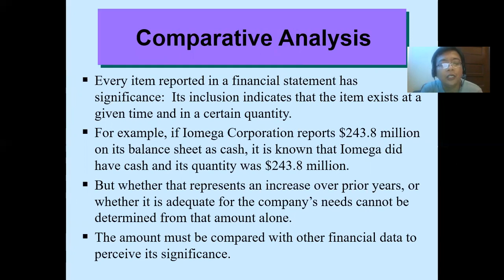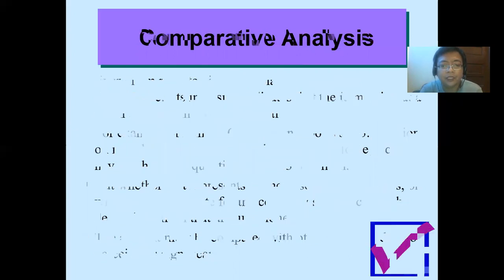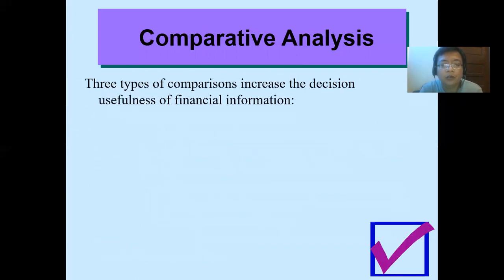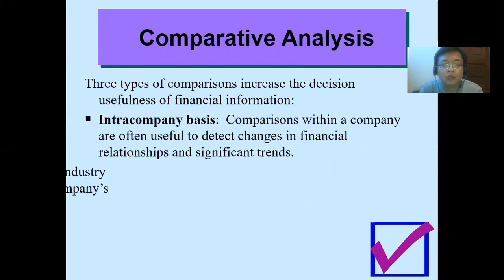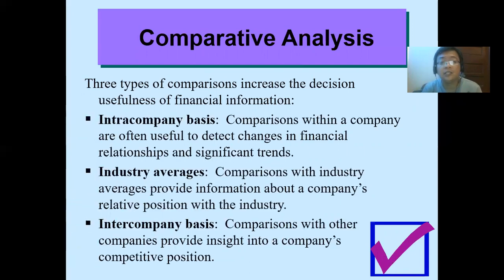For example, if Omega Corporation reports 243.8 million on its balance sheet as cash, it shows any increase from the prior year, and any significant change in financial data. When you say comparative analysis, we consider three bases: intra-company basis, industry averages, or inter-company basis.